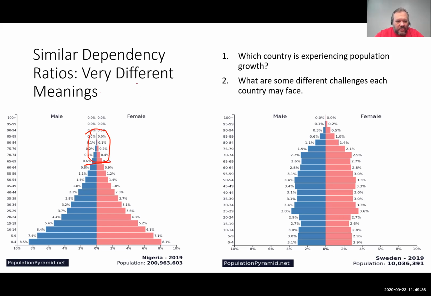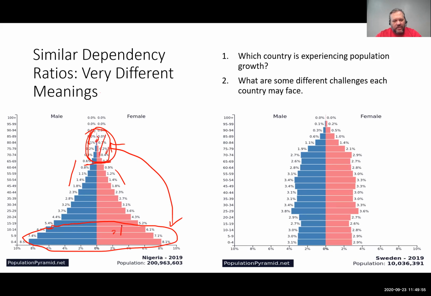The dependency ratio would be that group plus everybody under 15, so that group. The dependency ratio would take these two groups, and this is the working age population.